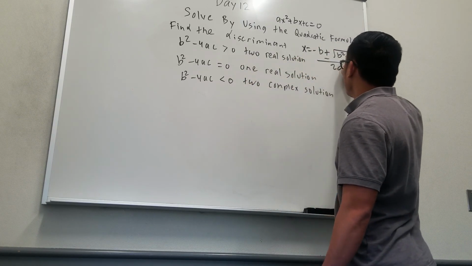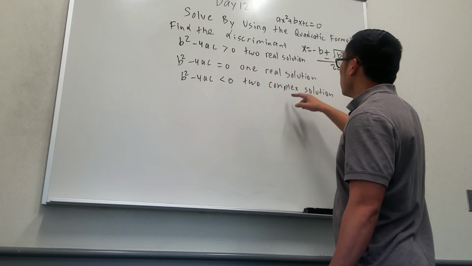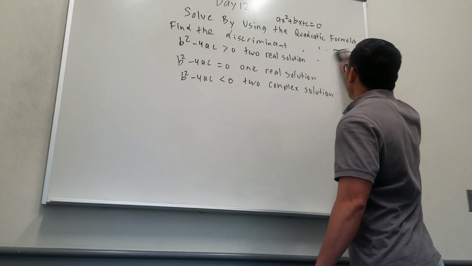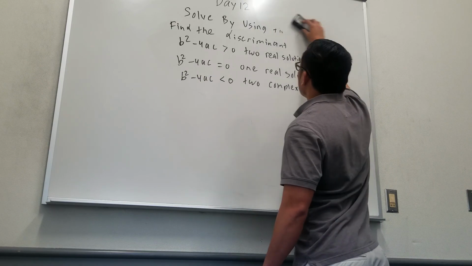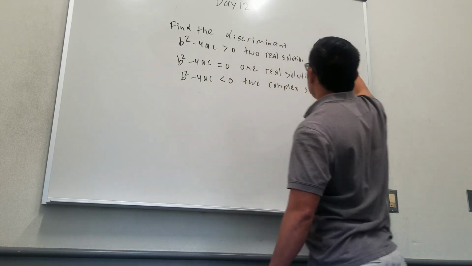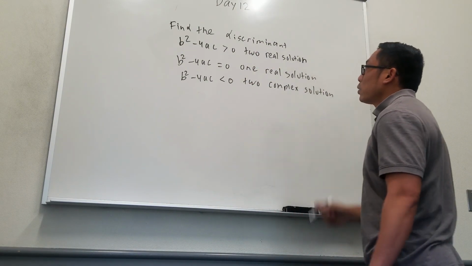If this inside is equal to 0, you have 1 real solution. If you have a negative number inside, you get imaginary or complex solutions. That's complex. So I'm going to erase this. We don't need this, we don't need that. Okay, so let's do a problem.